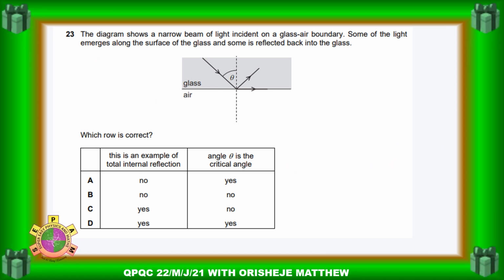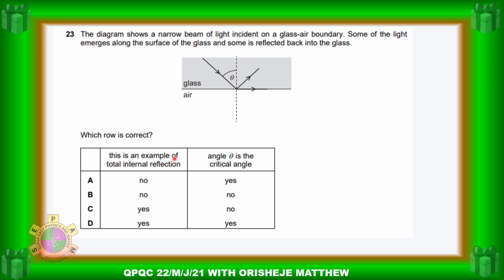Question 23. The diagram shows a narrow beam of light incident on a glass-air boundary. Some of the light emerges along the surface of the glass and some is reflected back into the glass. Which rule is correct?